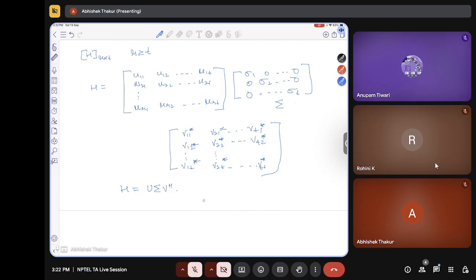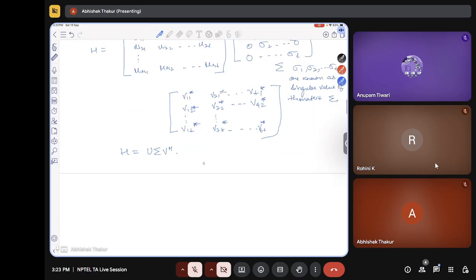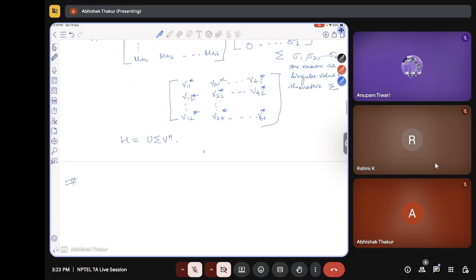And here sigma 1, sigma 2, sigma t are known as singular values of the matrix. These singular values are non-negative and ordered. This you write as a note point.